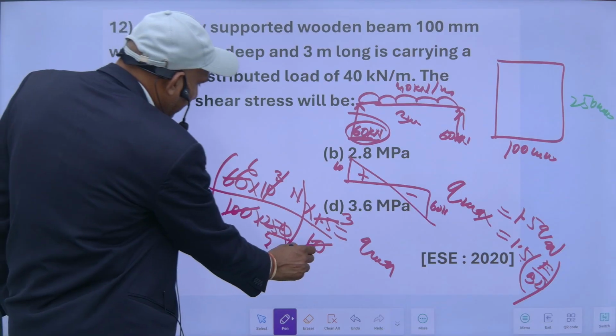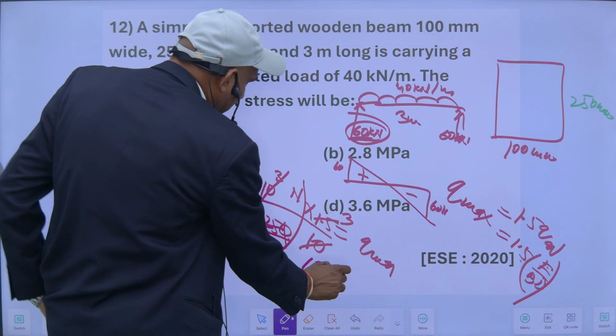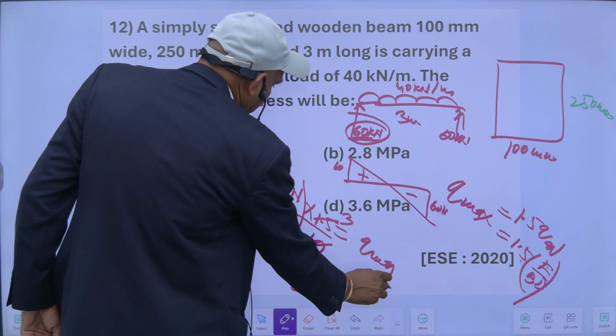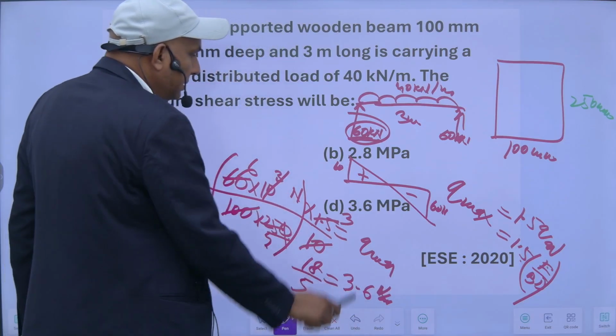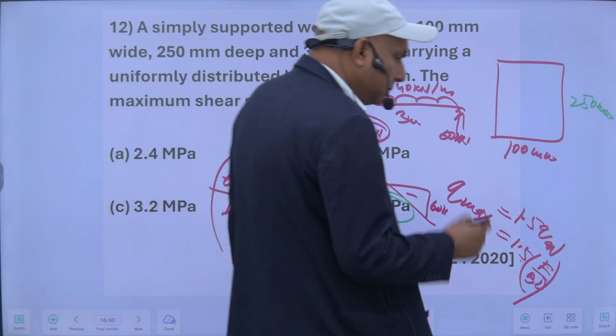So it will be 18 upon 5 and 18 upon 5 will be 3.6 Newton per mm square, means MPa. So this 3.6, this one is the right option.